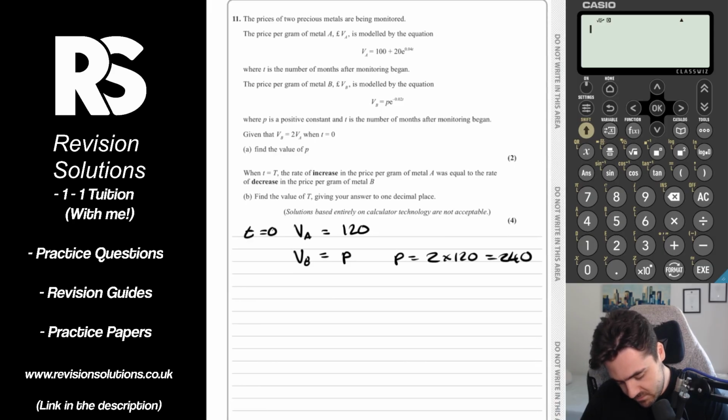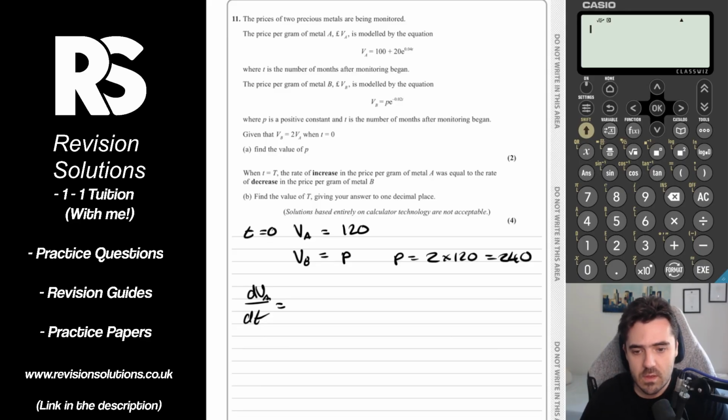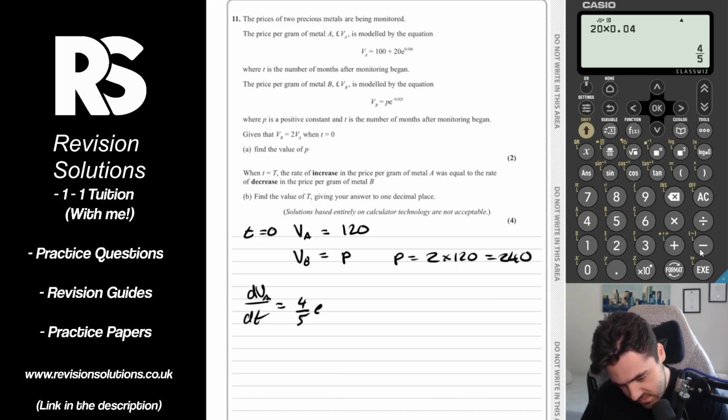So we'll differentiate both first. dVA by dt: that's going to be bringing down the 0.04, and the 100 goes to nothing. 20 times 0.04 is 4/5, so we have 4/5 e to the 0.04t.